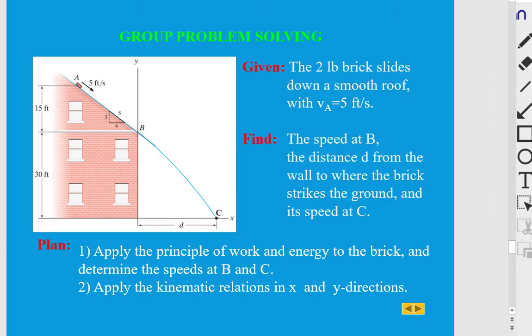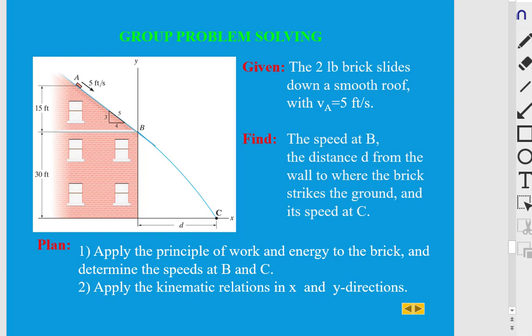All right, and the second group problem solving. This is getting more interesting, but it's still simple, as we use both the energy method and the information that we learned from the last two chapters, the kinematics of particles. But first, let's take a look at the problem.